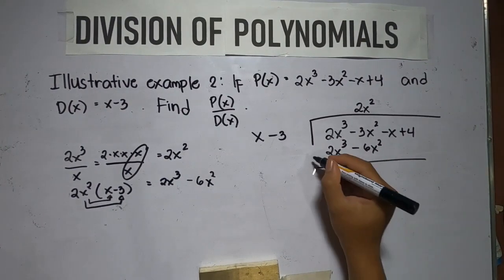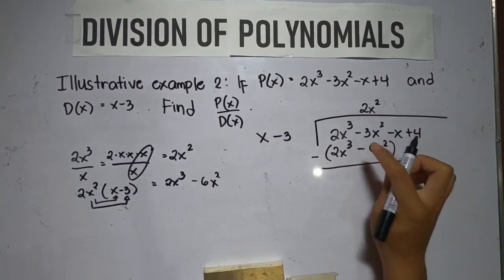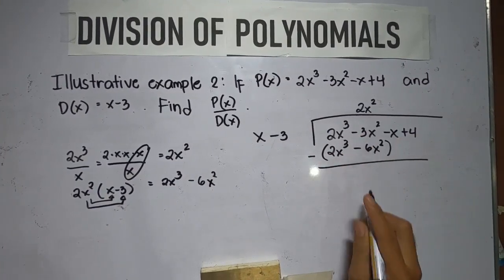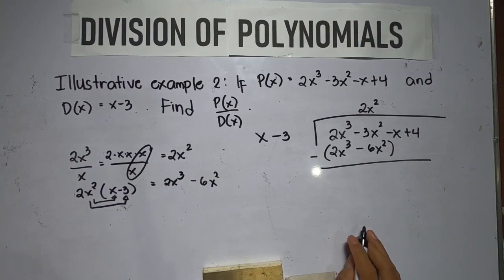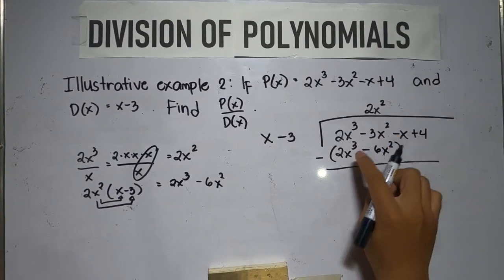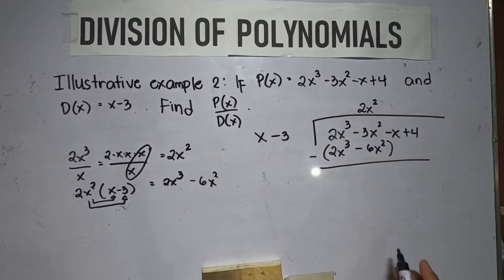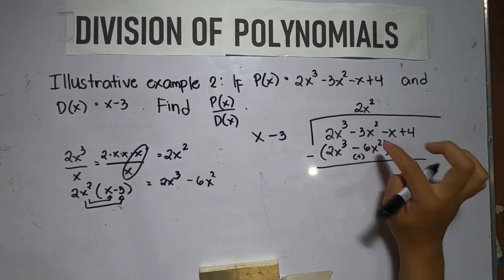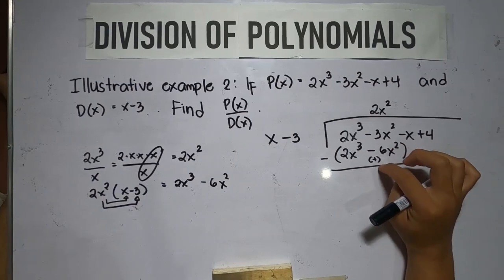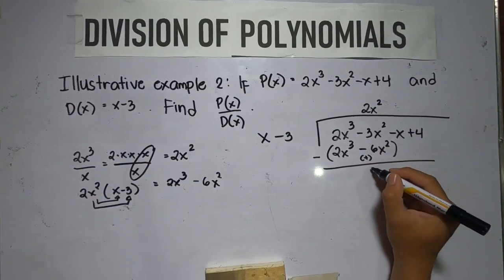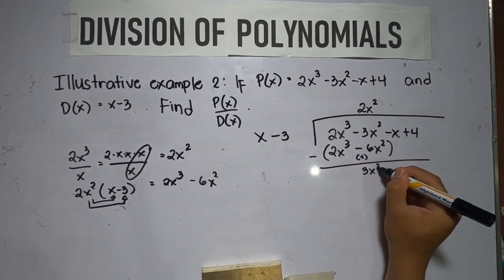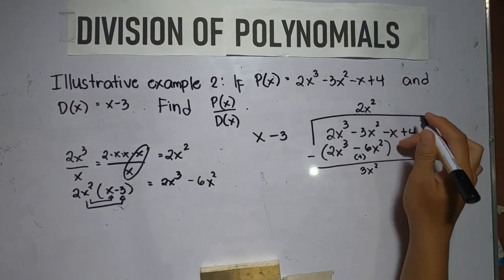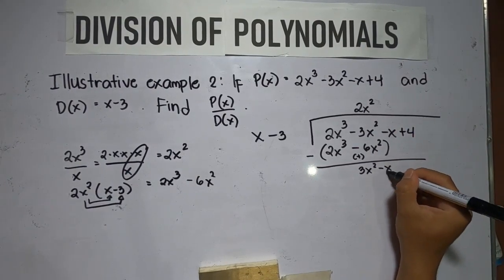Then subtract. 2x cubed minus 2x cubed is 0x cubed. Negative 3x squared minus negative 6x squared, this will become positive. Then proceed to addition. Negative 3x squared plus 6x squared, the answer is 3x squared. Bring down the next term, that's minus x.